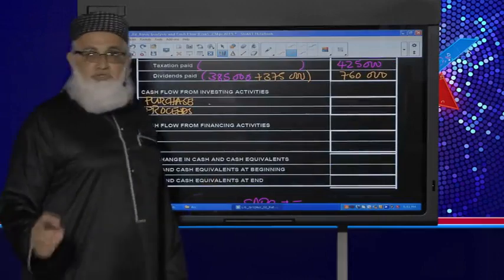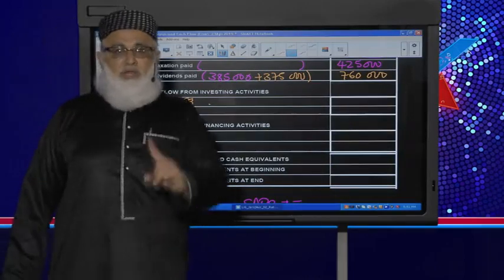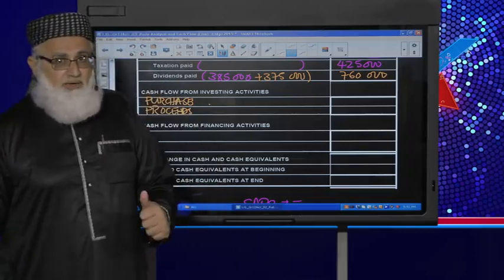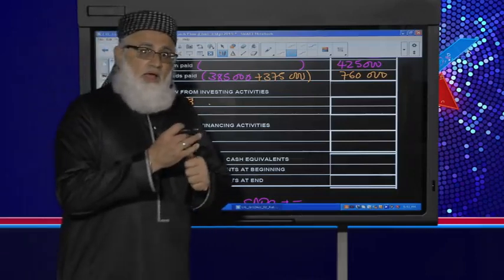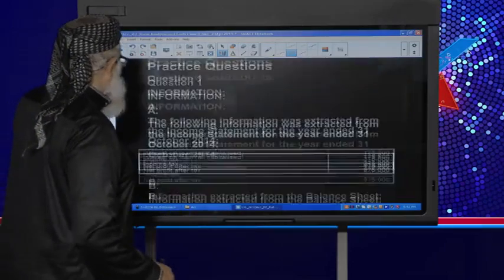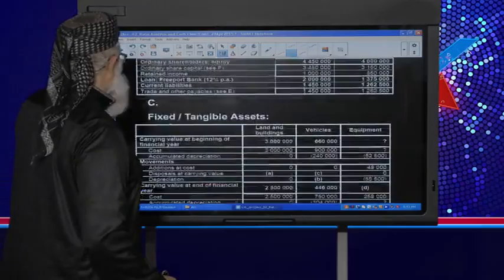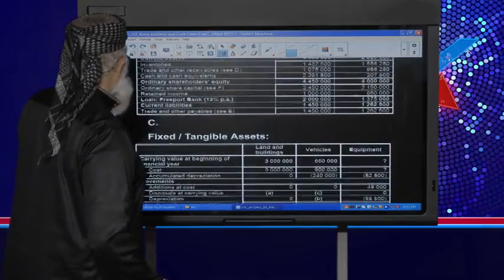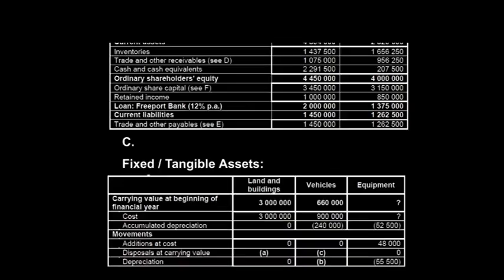Right, when it comes to financing now, what are we looking for? When it comes to financing, we're looking at one, the share capital. What happened to share capital? Again, important information. Let's check. What are we told? Ordinary share equity, they say, watch, ordinary share capital, CF.